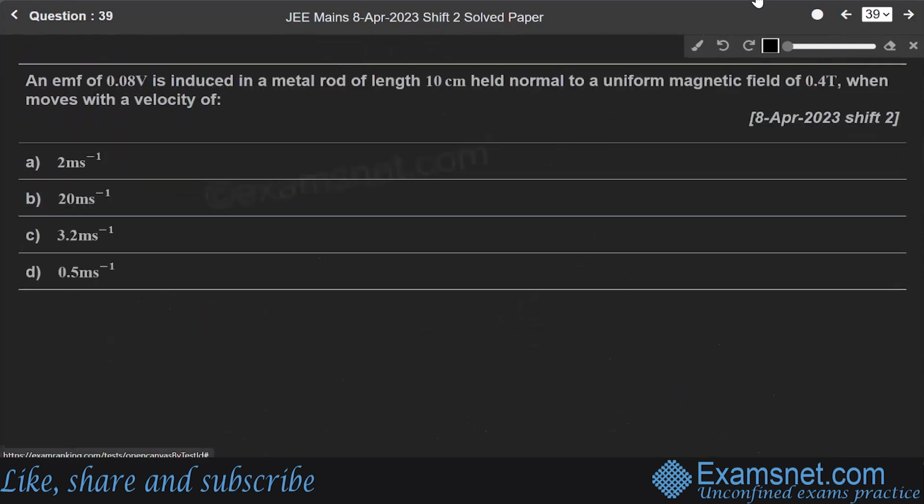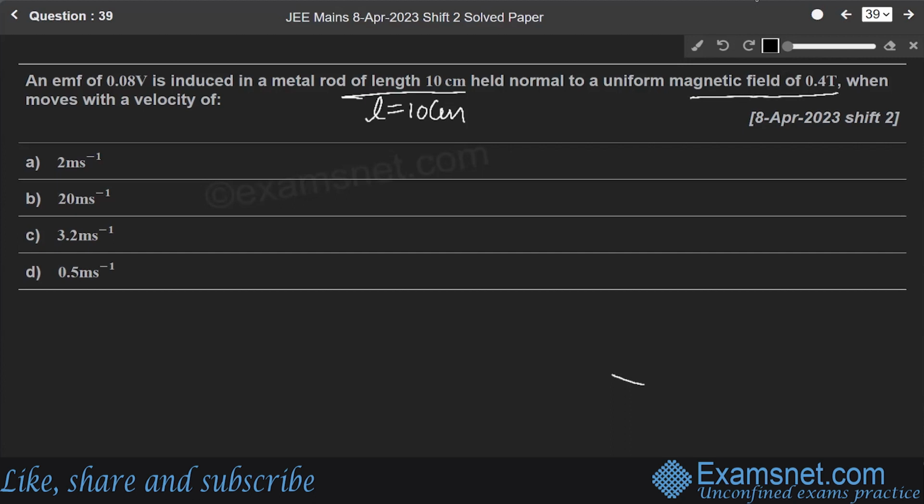Okay. Now, next question. The next question says that an EMF of 0.08 volt is induced in a metal rod of length 10 centimeter, held normal to a uniform magnetic field of 0.4 Tesla, when it moves with a velocity of... we have to find basically the velocity. This question is from the electrostatics chapter.